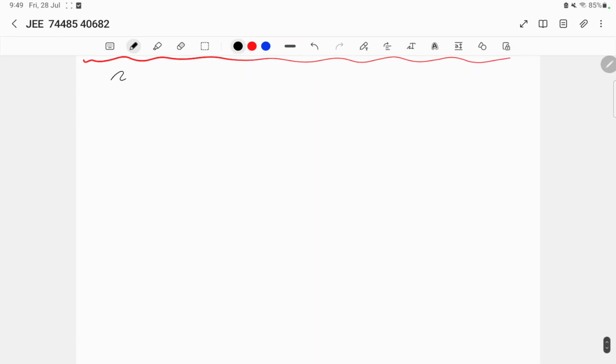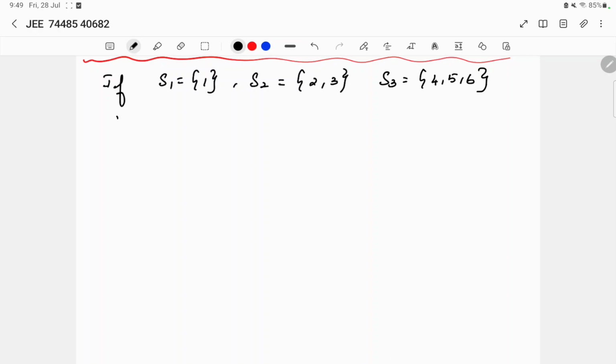Now, if S1 is equal to the set {1}, S2 equal to {2, 3}, S3 equal to {4, 5, 6}, S4 equal to {7, 8, 9, 10}, and it keeps on going, so on.